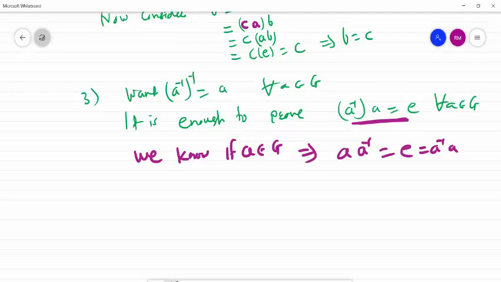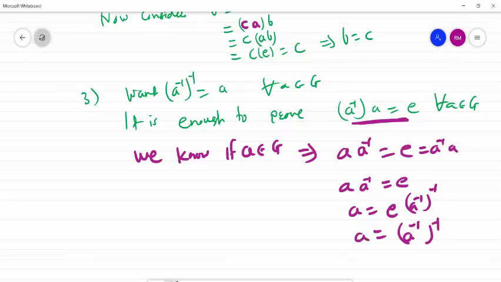So just focus on A inverse A is equal to E. So we can write E A inverse, post multiply by A, and that is nothing but A inverse is equal to A, because if you multiply by E, it will not affect the element. The property of the identity element E into some element is that the product is nothing but the original element.